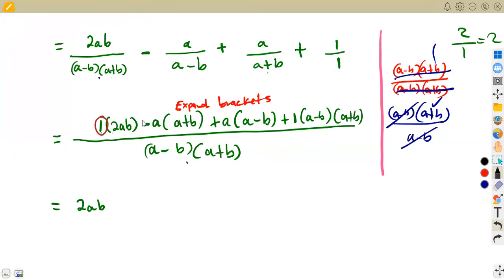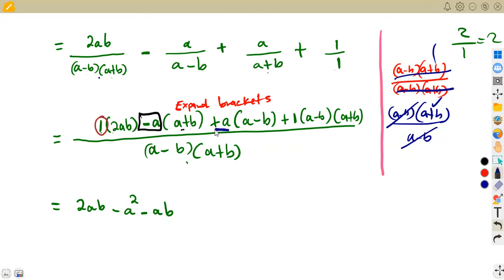We move on to this term. What is affecting this bracket is this term as it is, minus a. So we're going to have minus a squared. Then we've got minus a and b, which is going to give us negative ab.